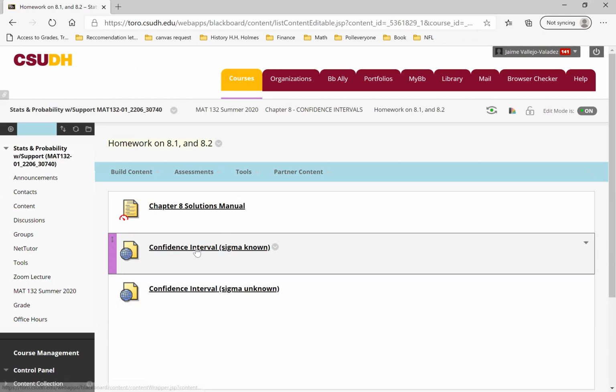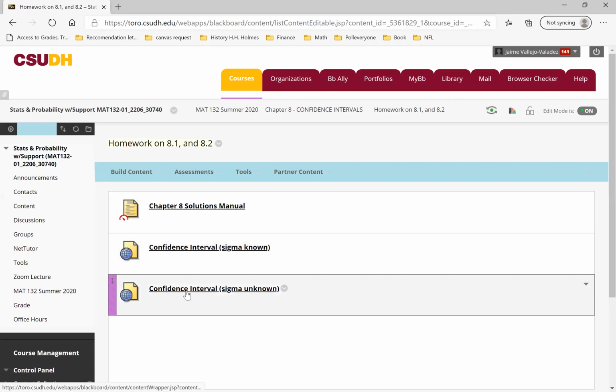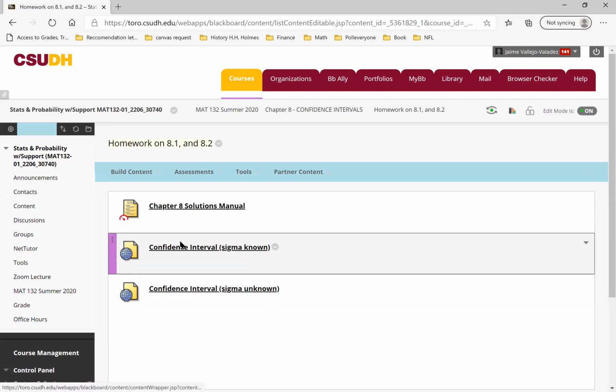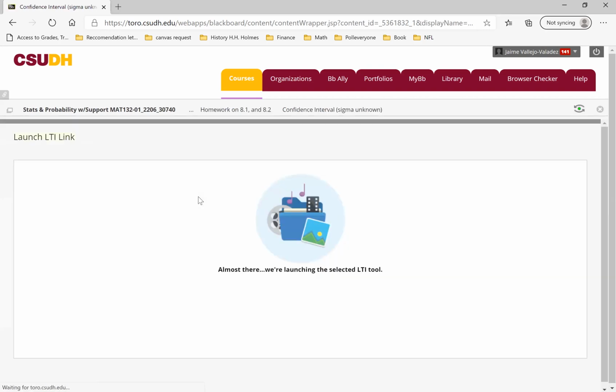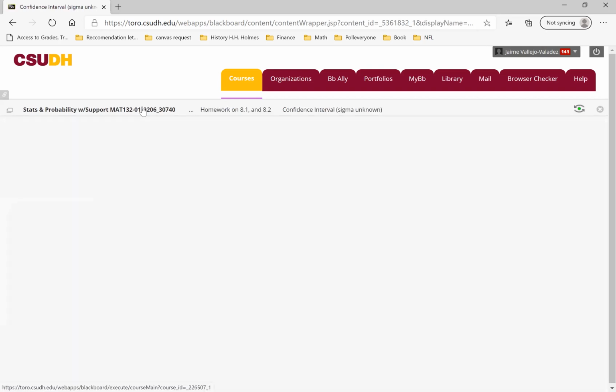You're going to get quizzed on confidence interval sigma known. So sigma should be known for today's quiz. If you do confidence interval when sigma is unknown for today's quiz, you are going to get the question wrong. You want to do what we did yesterday. So for yesterday, we did the Z interval. So if you click right here where it says confidence interval sigma unknown, that's where you find your homework.